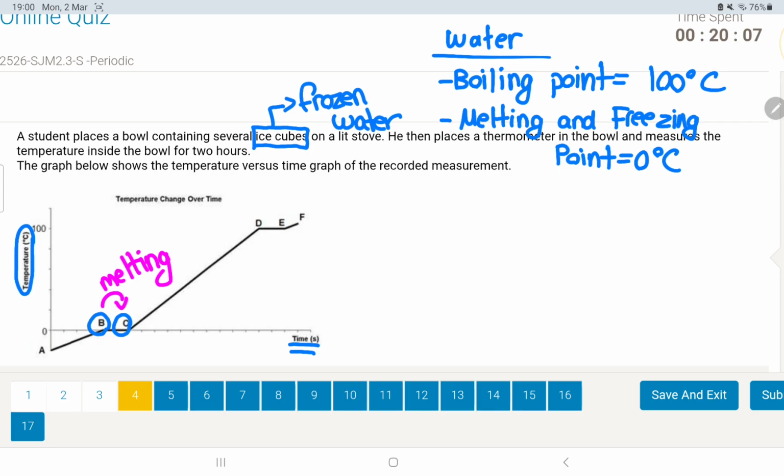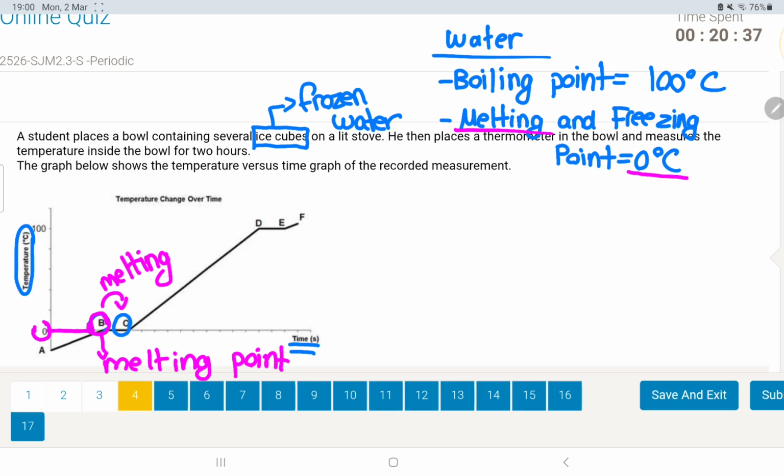So first I'm gonna state the action and then the points. Don't worry, B is exactly at 0. It starts at 0. And what starts at 0 degrees Celsius? Melting first. So this is the melting point. If you still don't understand, it's okay. B starts at 0 degrees, okay?